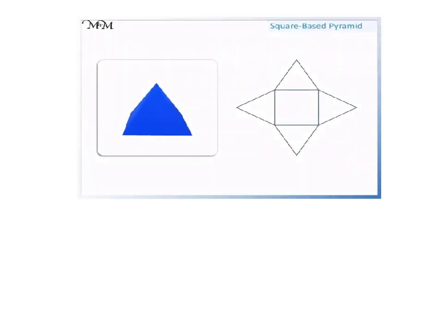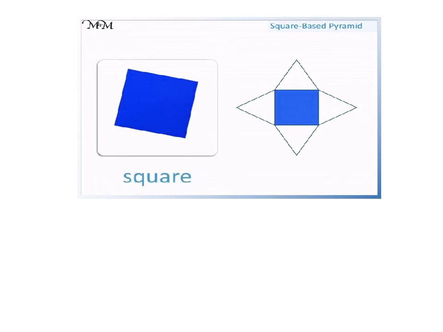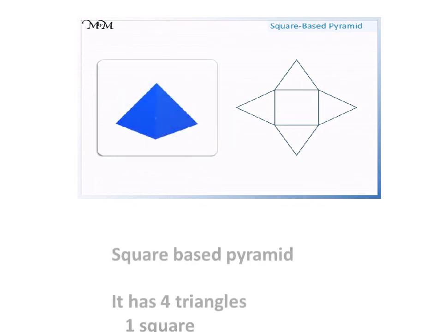We can do a square based pyramid. It has 4 triangles for the 4 sides, 4 triangular faces, and it has a base which is square. So I have 1 square face and 4 triangles.